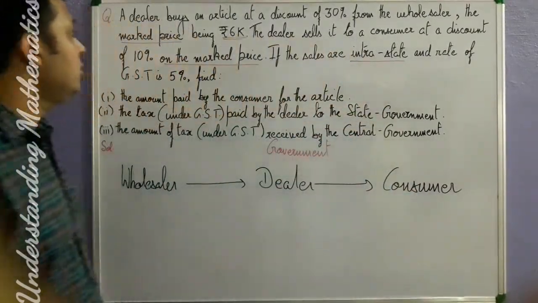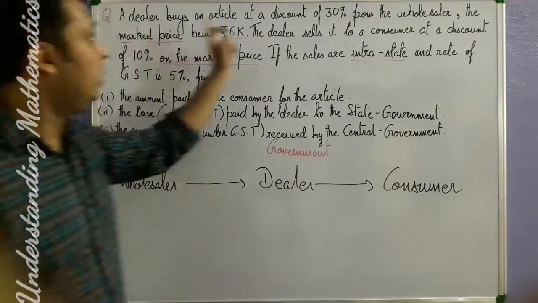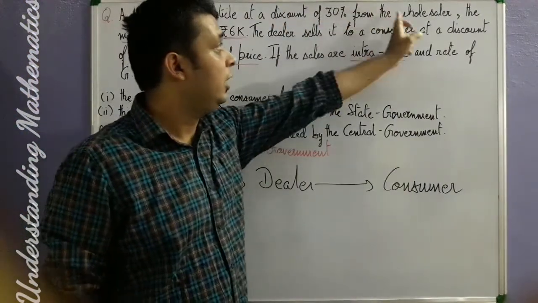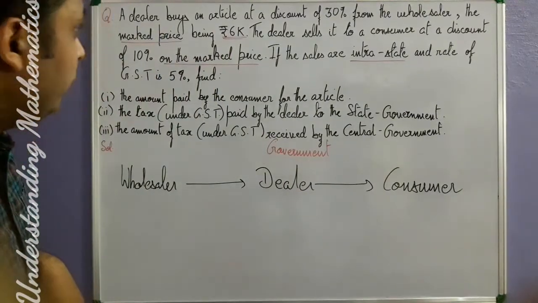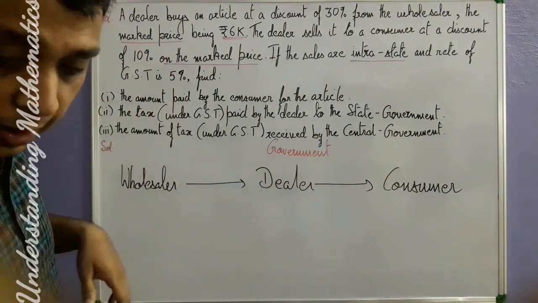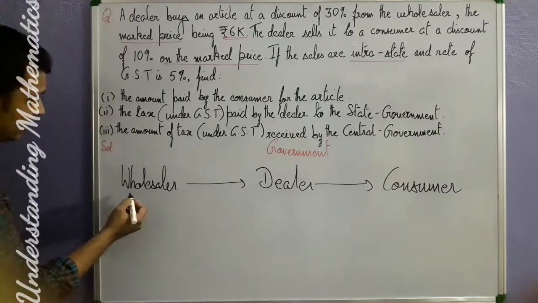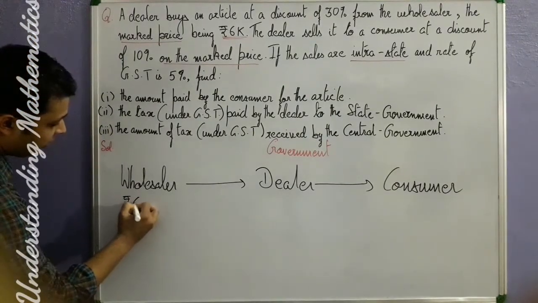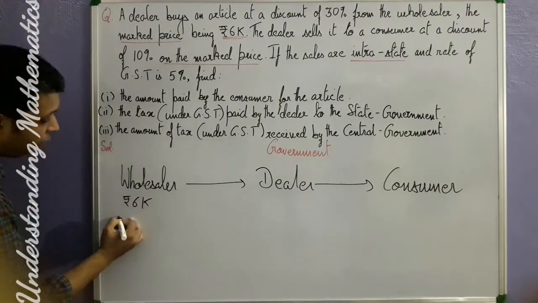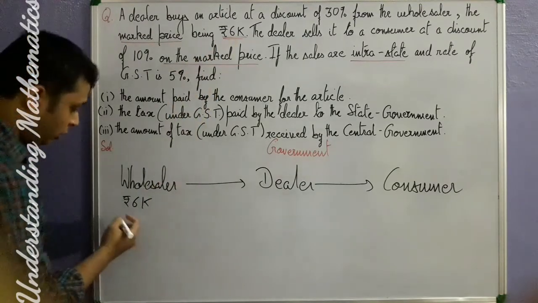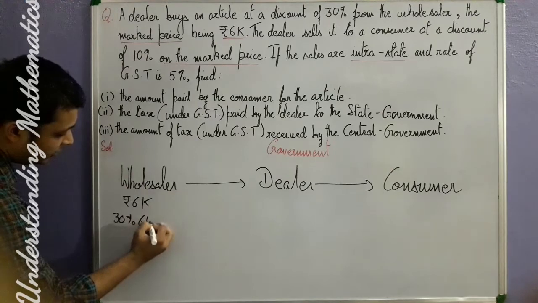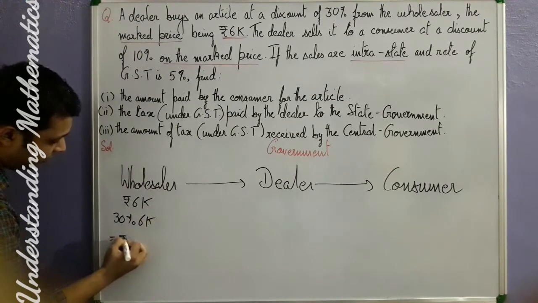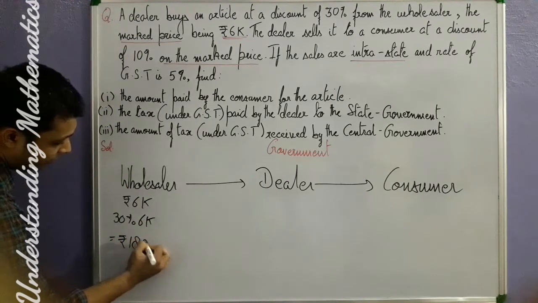So the question says that the dealer buys at a discount of 30% from the wholesaler. So what is the original price of the article? The article price is rupees 6,000 and we need to find the 30% discount. So we will find 30% of rupees 6,000. This will give us rupees 1,800.